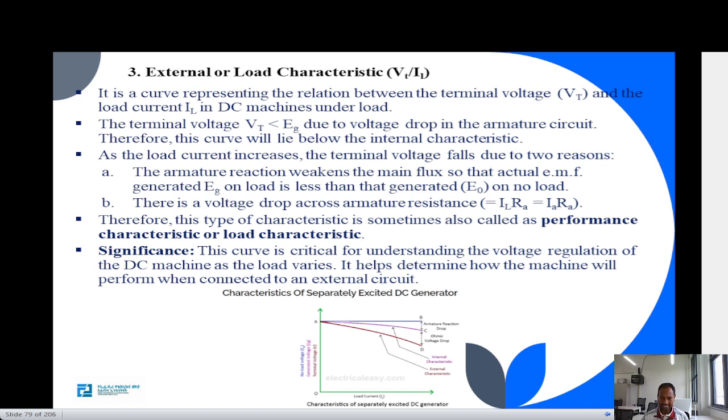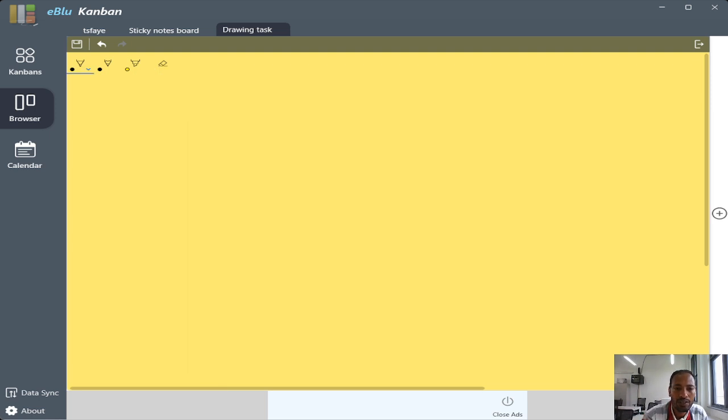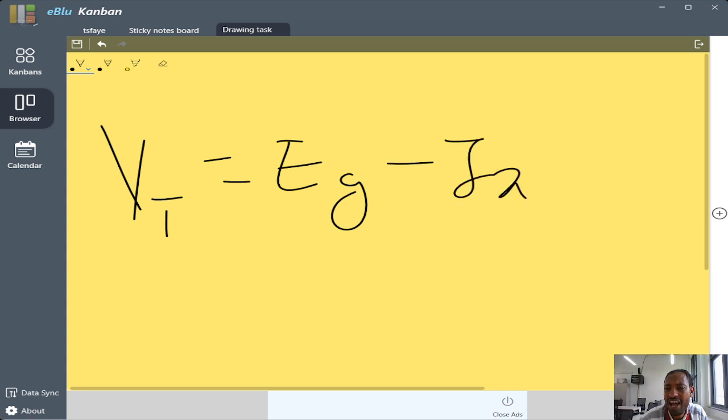This characteristic is evaluated under loading condition. As the load increases, the terminal voltage falls or decreases due to two reasons. Now, VT is going to be EG minus IaRa.